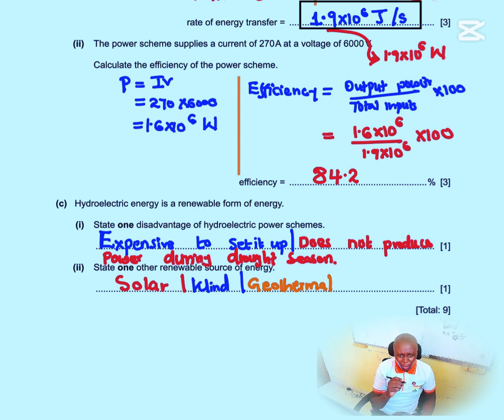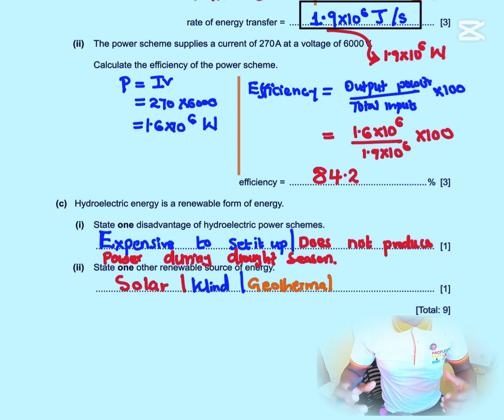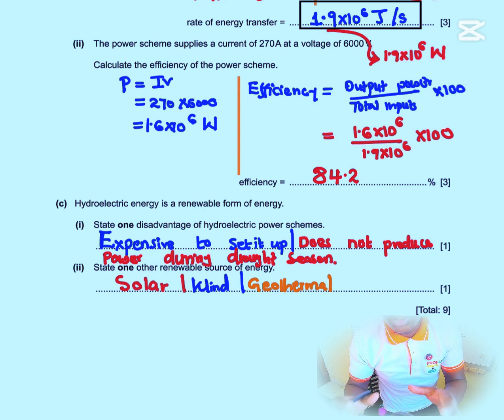Now, you also need to understand the difference between renewable and non-renewable energy resources. Those energy resources that you can never finish, even however much you use them, are called renewable energy resources. And those resources that you will be able to deplete, that you cannot use forever, are called non-renewable energy resources. So my question is, what are examples of renewable and non-renewable energy resources that you know?